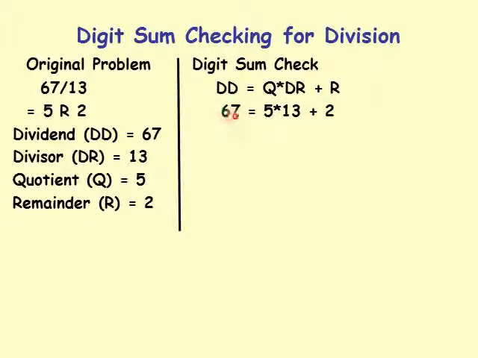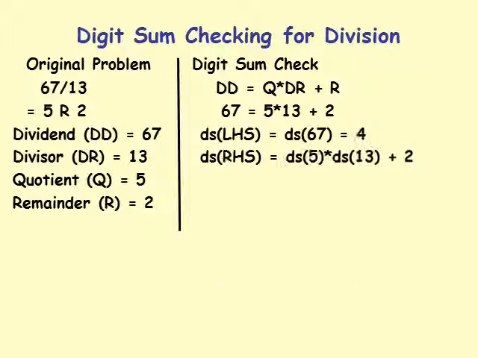The digit sum of the left hand side is 4. The digit sum of the right side is the digit sum of 5 times the digit sum of 13 plus 2, which is equal to the digit sum of 22, which is equal to 4. That means the digit sum of the left side is 4, the digit sum of the right side is 4, and the digit sum confirms. So this is probably correct.